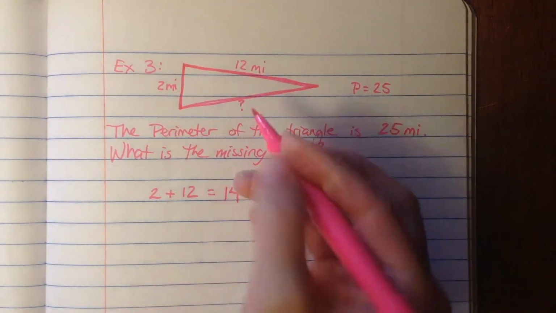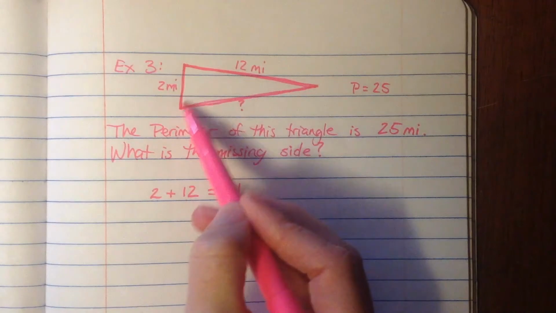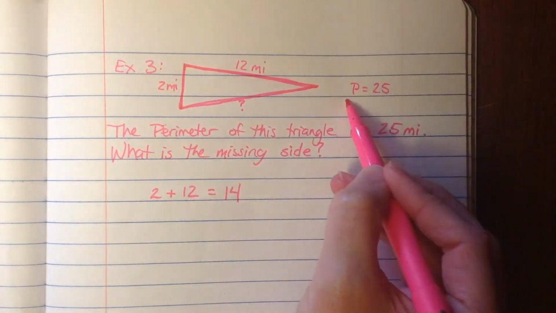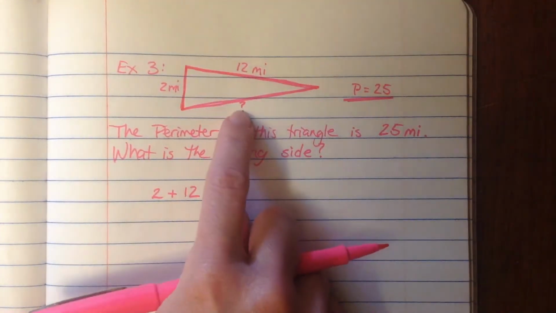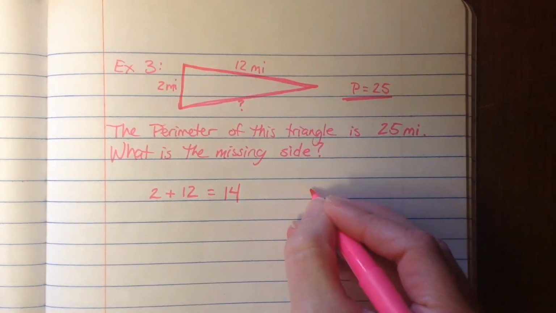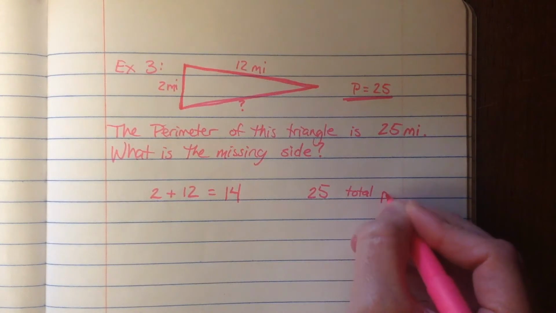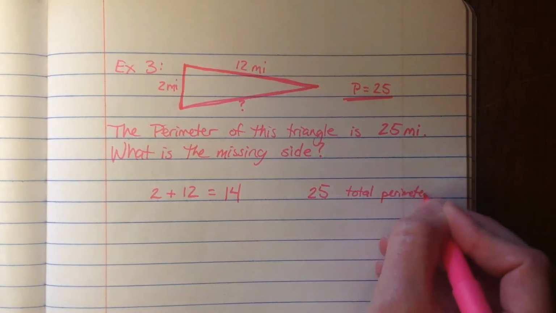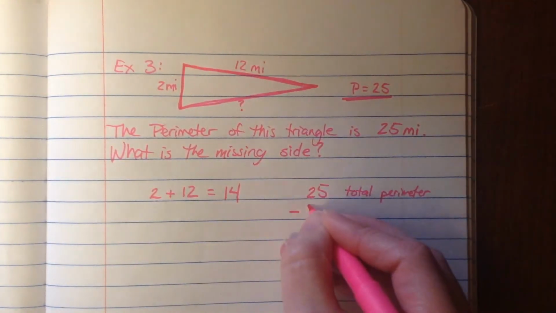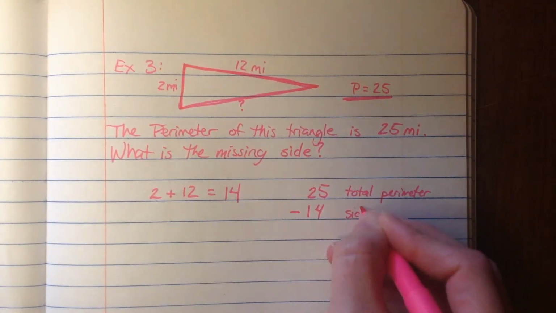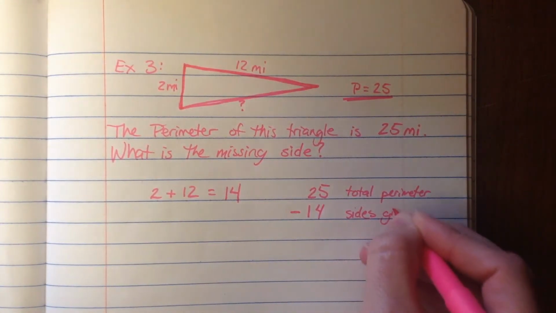Now, I want to know the missing side. Well, if the distance completed is 25, then to find this missing piece, what I need to do now is take my total of 25. That's the total perimeter. And I'm going to subtract the 14. That's the sides that I was given.